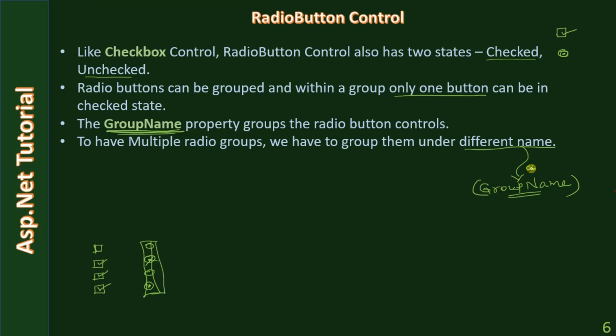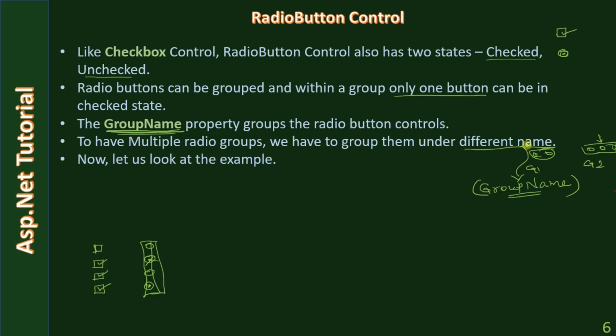So we can state G1 one group, G2 another group, assign 2 radio buttons under this group, and assign 3 under this group. Doing so, you can select either one of them in G1 and either one of the 3 in G2.